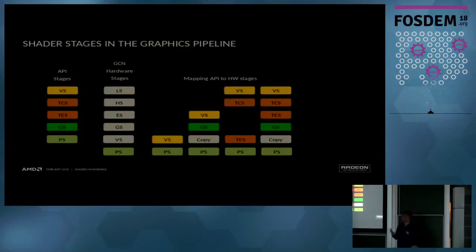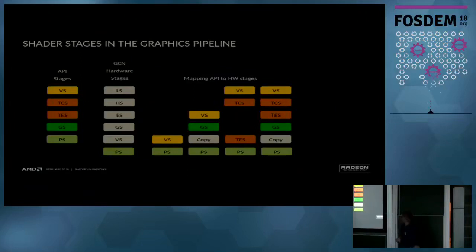If you have the simplest and standard case of just vertex and pixel shaders, then the vertex shader goes to the hardware vertex shader, the pixel shader goes to the hardware pixel shader, as it always does. But if you use the geometry shader, then the geometry shader goes to the hardware geometry stage, but the hardware vertex stage is after the hardware geometry stage, so we have to change the order. It ends up in the ES slot, and there is something called a copy shader, but the details are not important. A similar thing happens when tessellation is used.